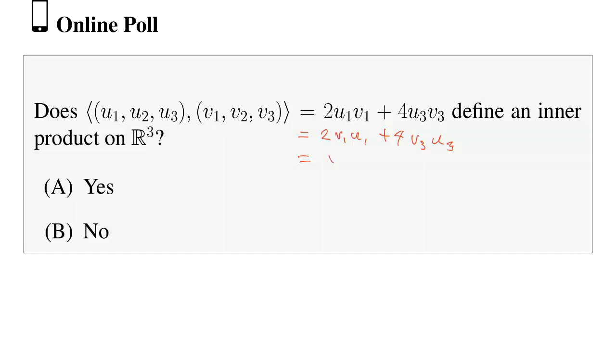So this is the inner product of V and U. So it's certainly symmetric.